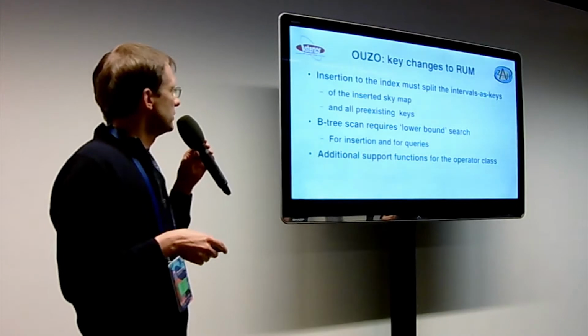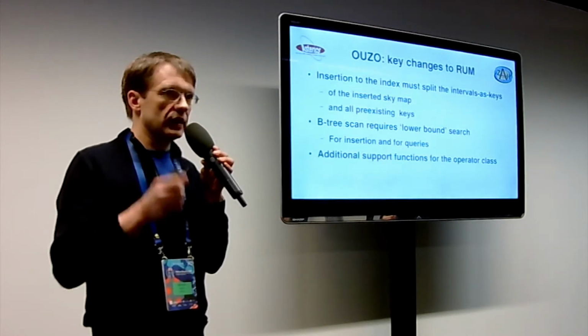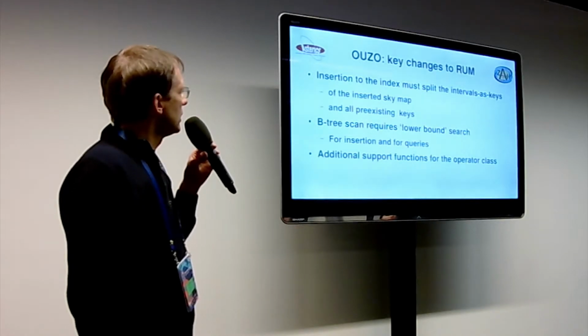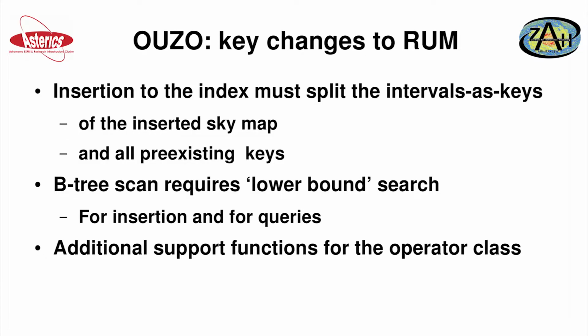There are three main fields that needed to be done. First is that the intervals in the entry tree are different from what is in the single indexed sky maps.